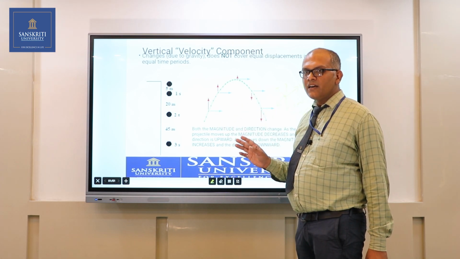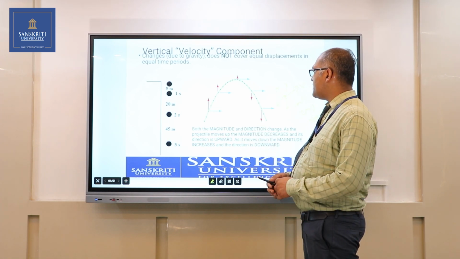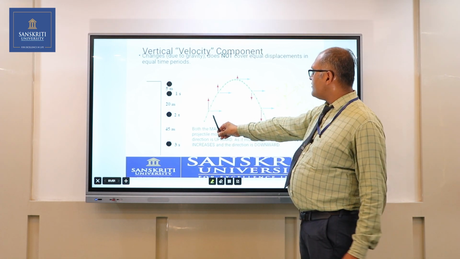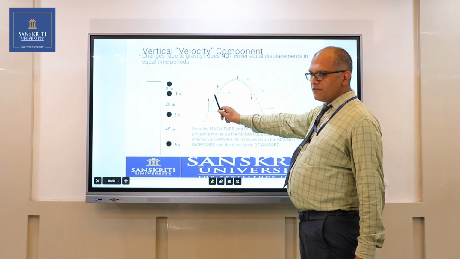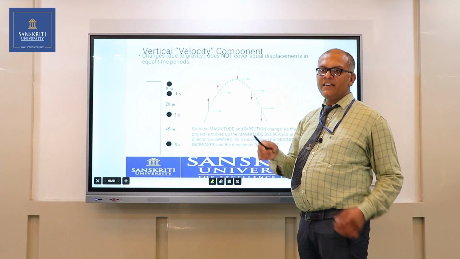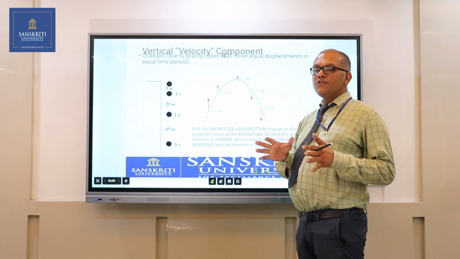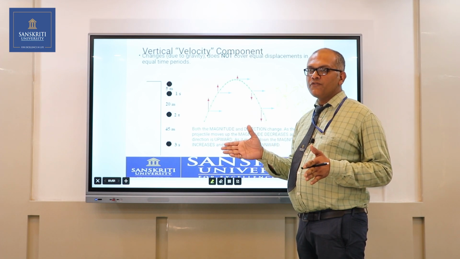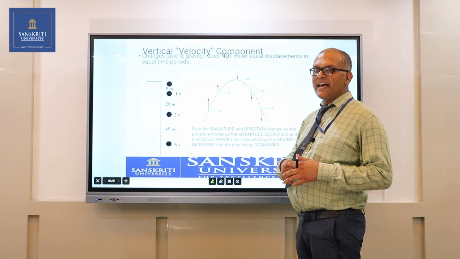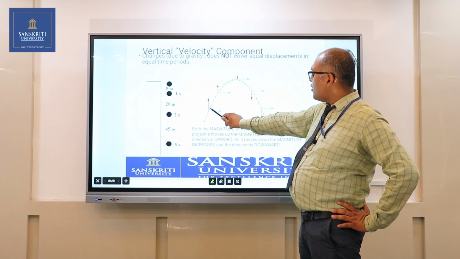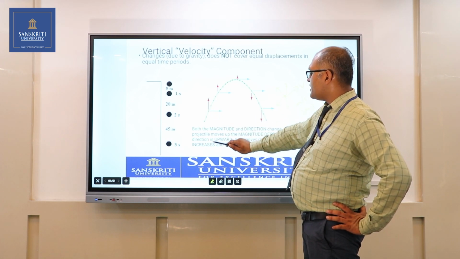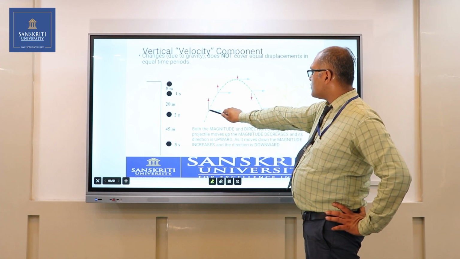But the vertical velocity vector is changing. What we have seen in the previous slide is the formula for the magnitude of it. But what about the direction? The direction of the velocity vector is also changing. It's not changing at this location.